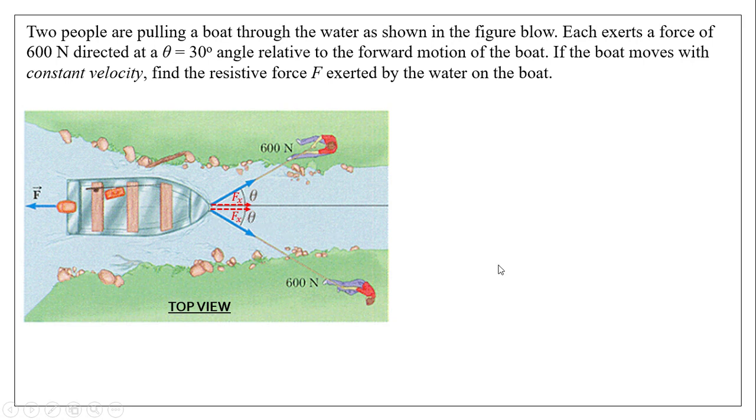And since it asks us to find the vector F here that the water is acting against it, we can just set up Newton's second law in the horizontal direction. So here in my statement, I have the net force in the x direction, which is equal to max. The reason I'm focusing in the x direction is because the resistive force here is along the negative x direction.